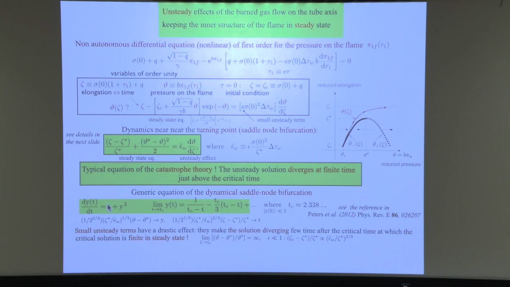Now, this is going to give you something like t star minus t. So this is 1 over y, so that y is going to be proportional to the inverse of t star minus t, where t star is a critical time, associated to this, that has to be computed by the initial condition.